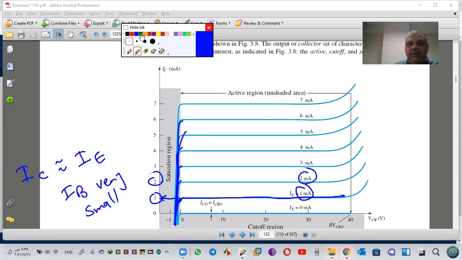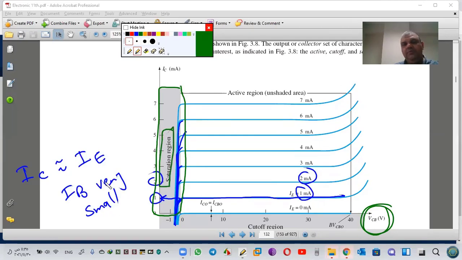So here we can divide this into 3 regions. First region, this one, when the output voltage is very small. This is called the saturation region. Voltage is constant, almost 0, and the current increase is constant, like a line, no change.